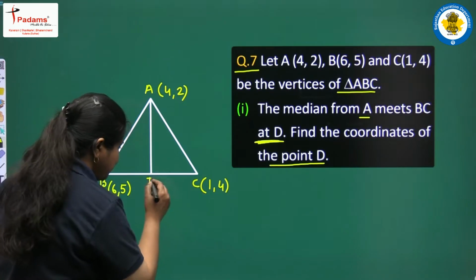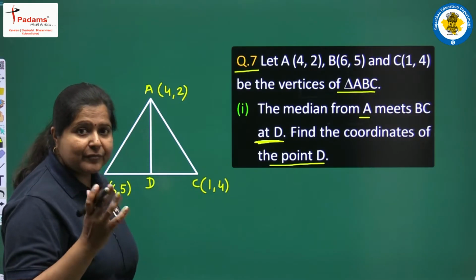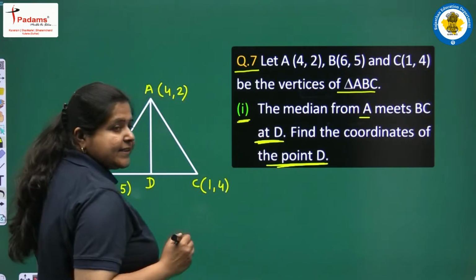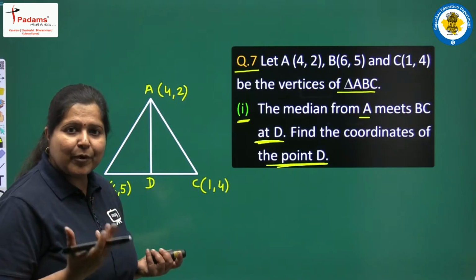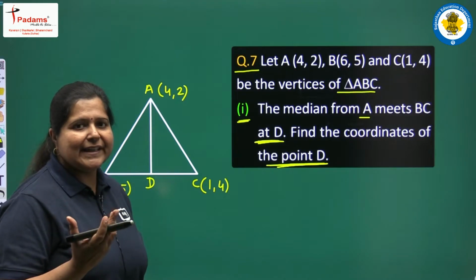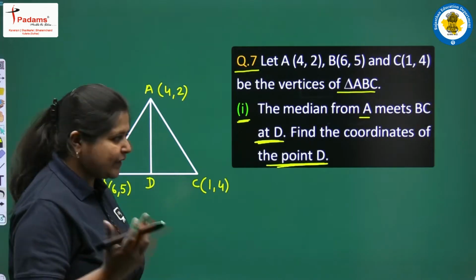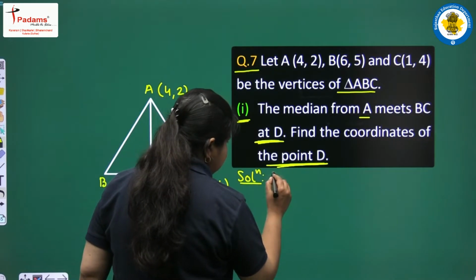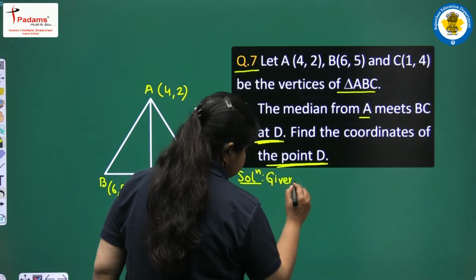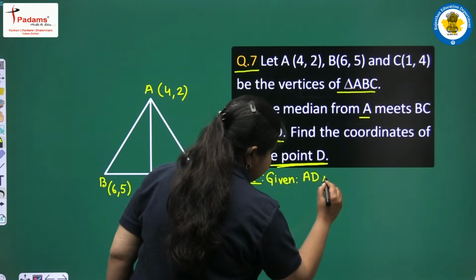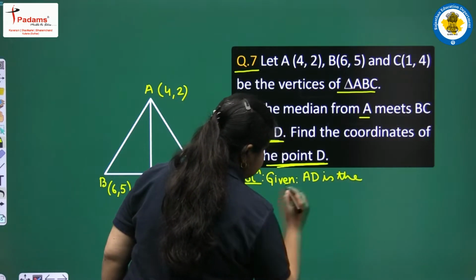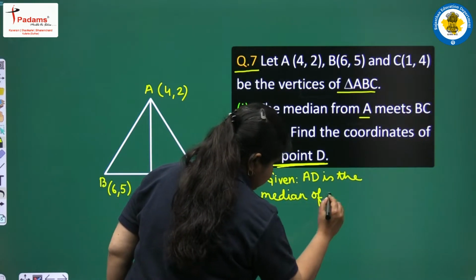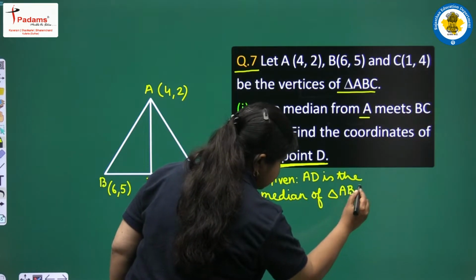तो यहाँ पर ये जो पॉइंट D है ये हो गया मिड पॉइंट ऑफ BC और हमसे पूछे हैं कोऑर्डिनेट्स ऑफ पॉइंट D. ये है फर्स्ट पार्ट ऑफ दिस क्वेश्चन. तो यहाँ पर इजीली मिड पॉइंट फॉर्मूला यूज करते हुए हम पॉइंट D के कोऑर्डिनेट्स फाइंड आउट कर सकते हैं. सो वी बिगिन द सॉल्यूशन. Given AD is the median of triangle ABC.